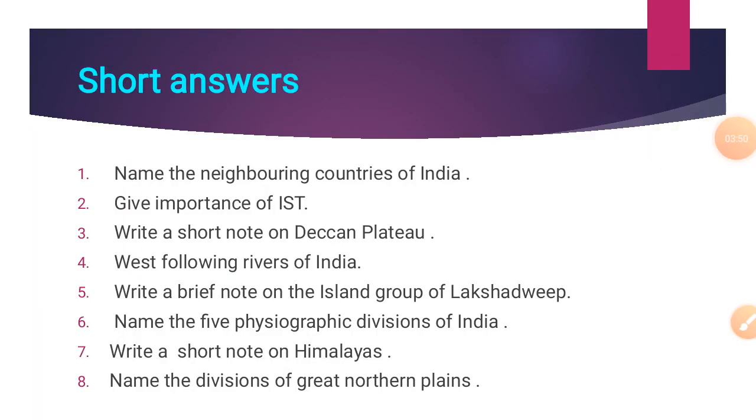The next question is, west flowing rivers of India. The west flowing rivers are Tapti, Narmada, Mahi and Sabarmati. These 4 rivers are the west flowing rivers of India.